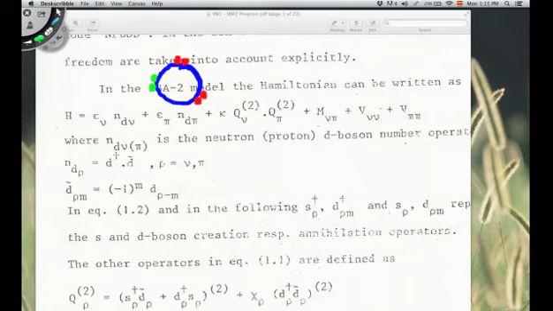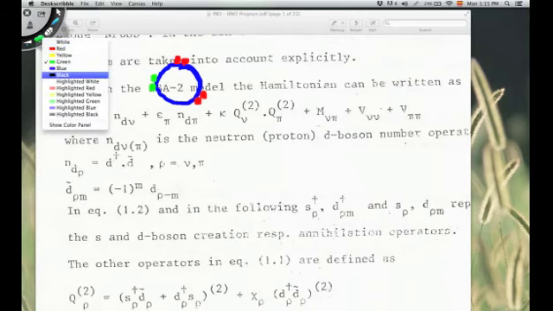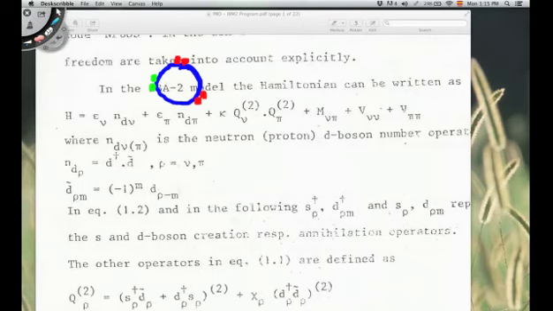So in this case the Hamiltonian which I have here will consist of several parts.